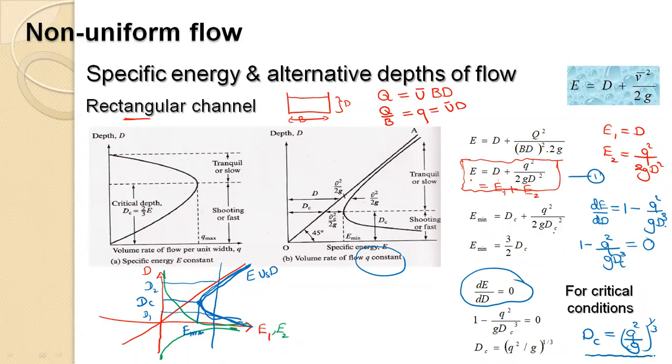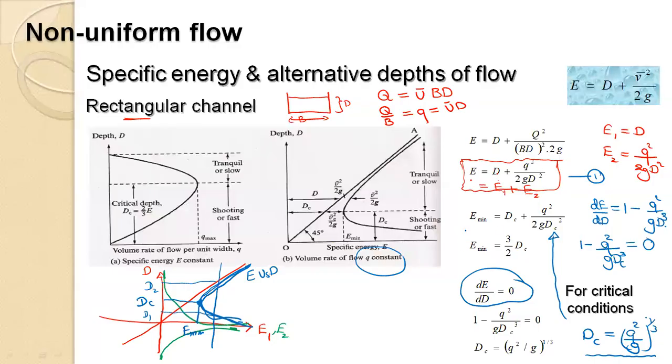So the critical water depth can be computed using the discharge per unit width. If you know the discharge per unit width along a rectangular cross section, you can find the critical water depth, and then do this substitution here.